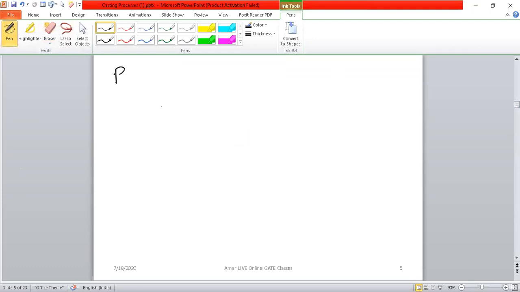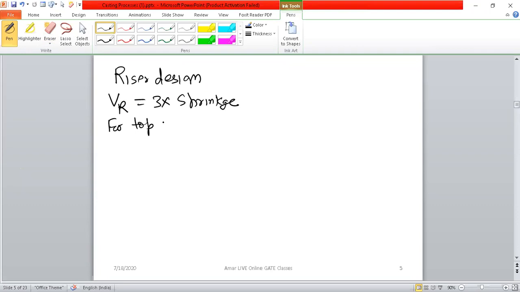We know from riser design, first, the volume of riser should be equal to 3 times the shrinkage. Then for a top cylindrical riser, H is equal to D by 2.